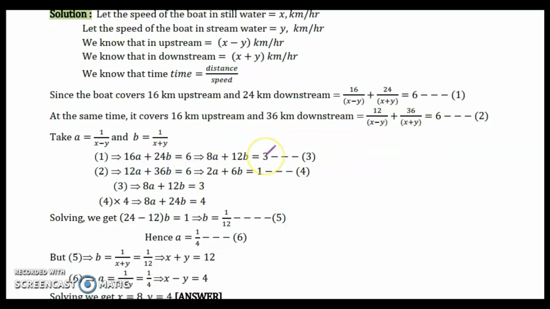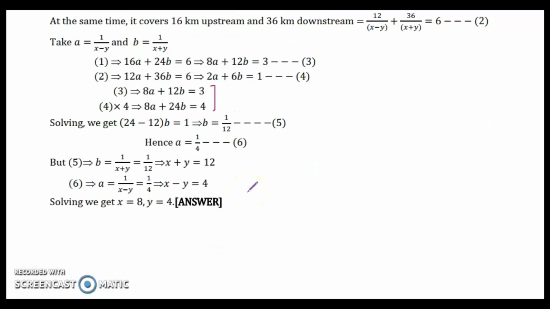This is nothing but solving two equations. I have divided the first equation by 2 and the second equation by 6, getting equations 3 and 4. I think the solving procedure I have explained here. By solving this we get b equal to 1 by 12, and substituting b here we get a equal to 1 by 4.